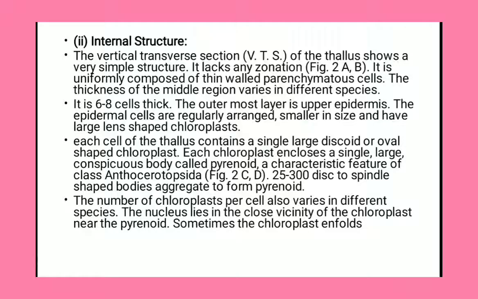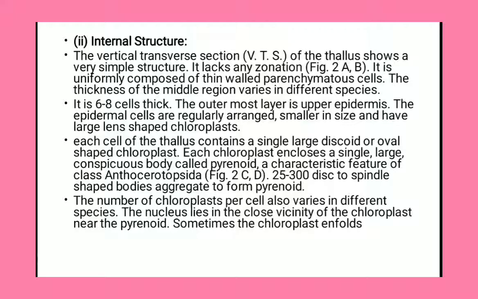The vertical transverse section, VTS, of the thallus shows a very simple structure. It is like any other, zones are not present, and it is uniformly composed of thin-walled parenchymatous cells. The thickness of the middle region varies in different species, it is 6 to 8 cells thick.